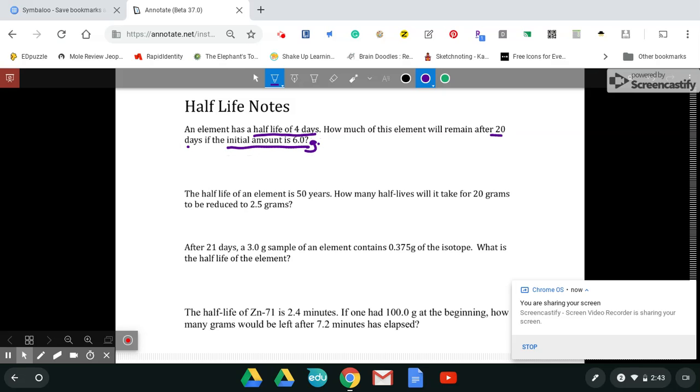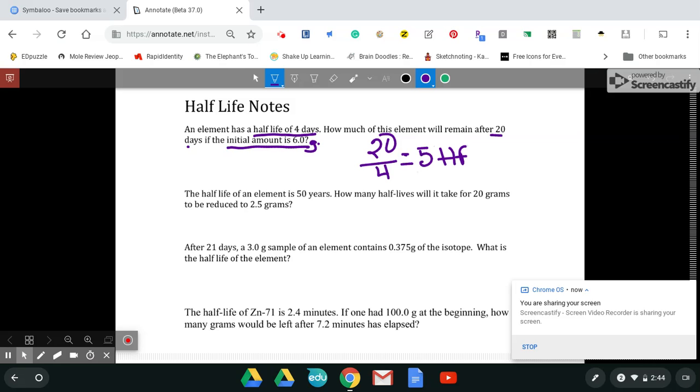So here's the very first thing you need to do. Notice that you've got 20 days and you know that that has a half-life of 4 days. My first tip for you is anytime you see 2 times, divide them. So I've got 20 days divided by 4, which gives me 5 half-lives.